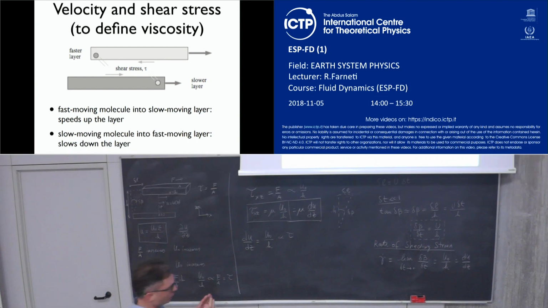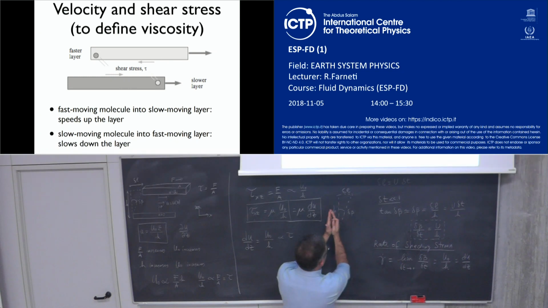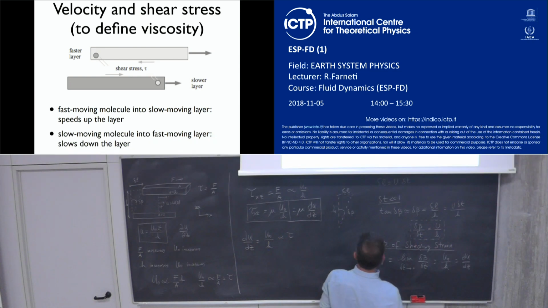Now what I'm interested in is the rate of change of my shear strain, or the deformation. So the deformation is delta b in time, how this angle delta b increases or decreases in time, and that is given by u over h.